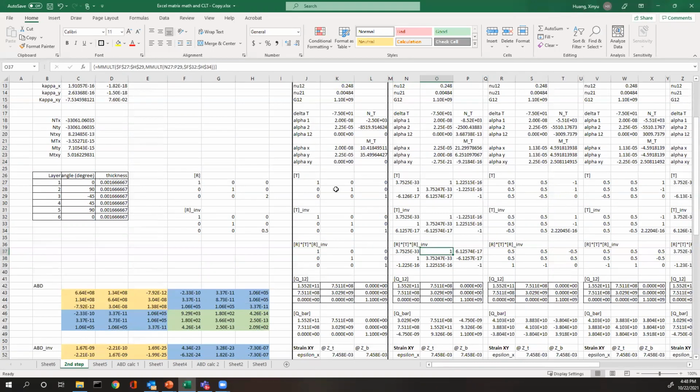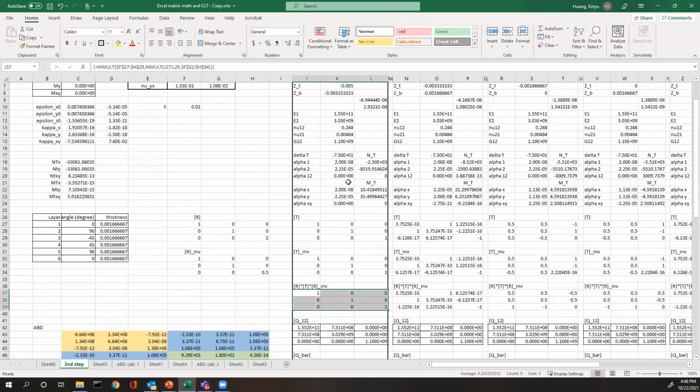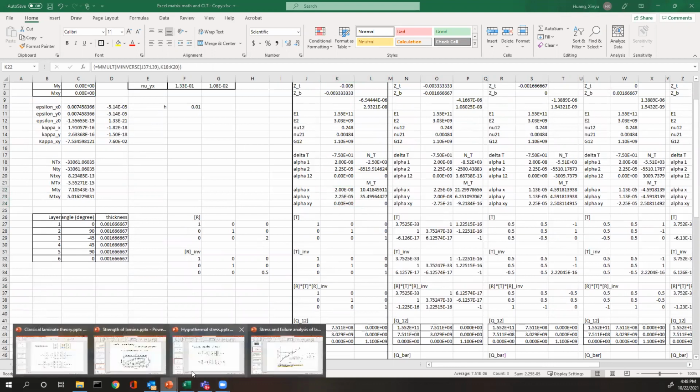I calculated T and R, T transform matrix, T inverse, and this is T R T R inverse. I basically use this matrix here to transform the alpha from 1, 2 to xy coordinate. This is the transformed alpha in XY. Okay, and this alpha goes into here.